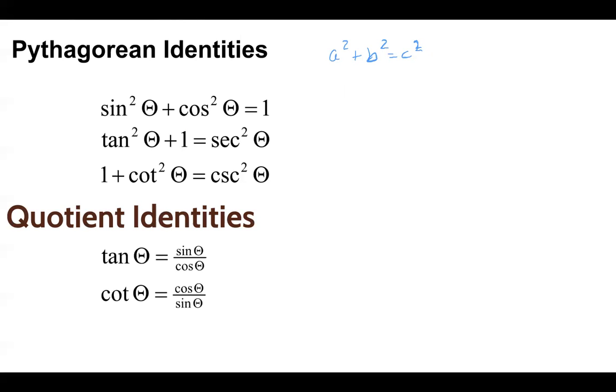And then tan squared x, or tan squared theta, plus 1 is secant squared theta. And 1 plus cotangent squared theta is equal to cosecant squared theta. So these are really important identities, and you must memorize them because they're just like second nature. We have to know what they are.